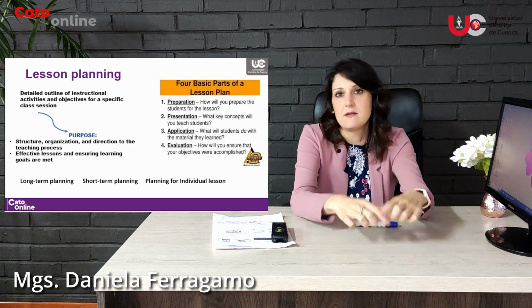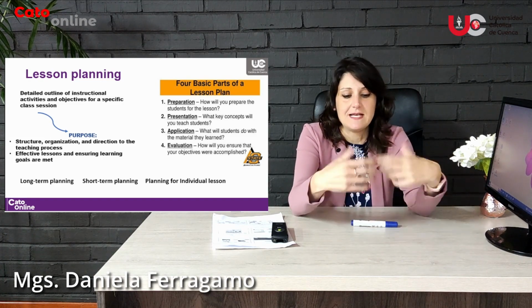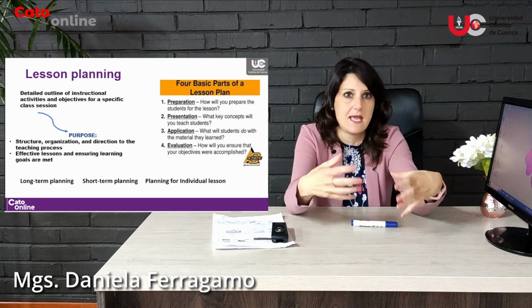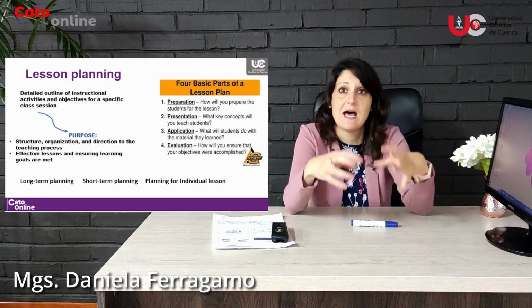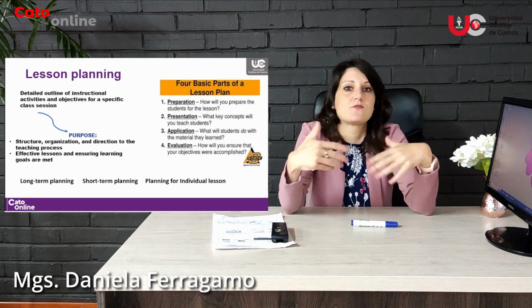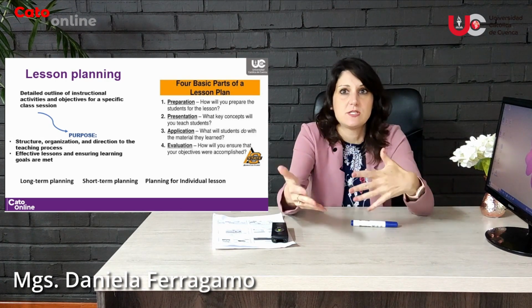The first one, the preparation or the engage phase, is what, as teachers, we present to our students in order to engage them, as a matter of fact, to interest them in the topic. So we prepare the students for the lesson, for the things they are going to be taught.